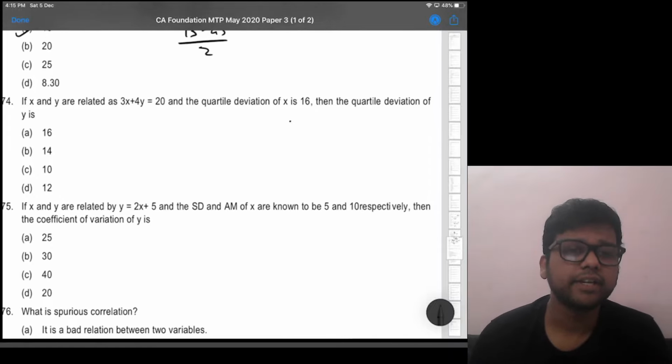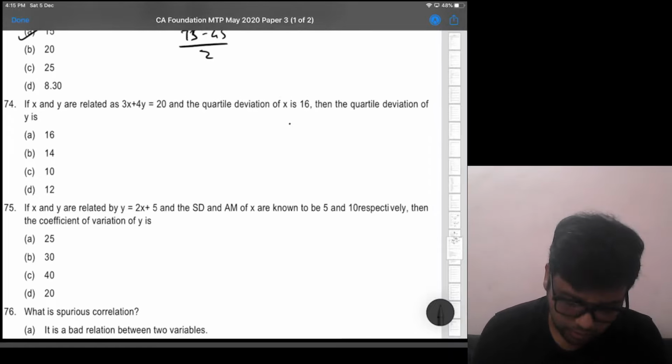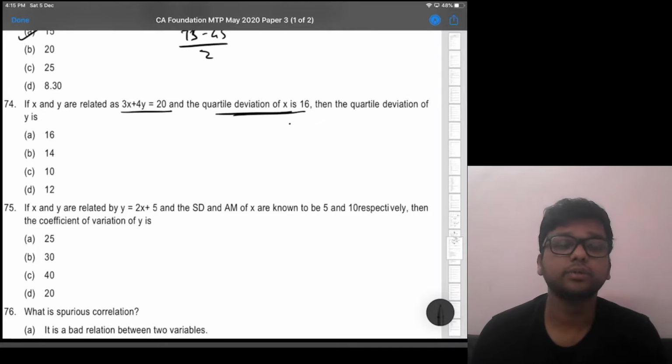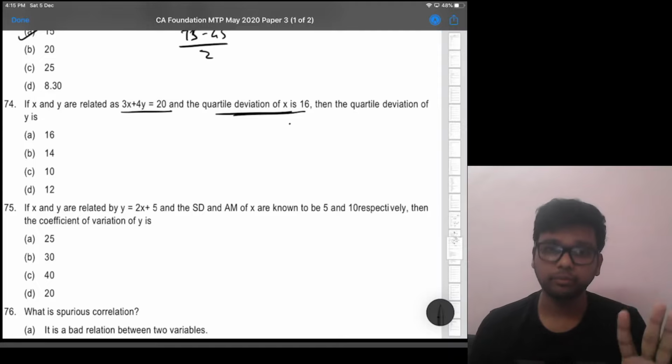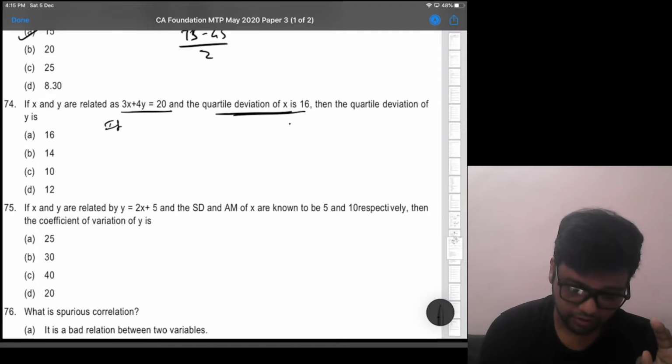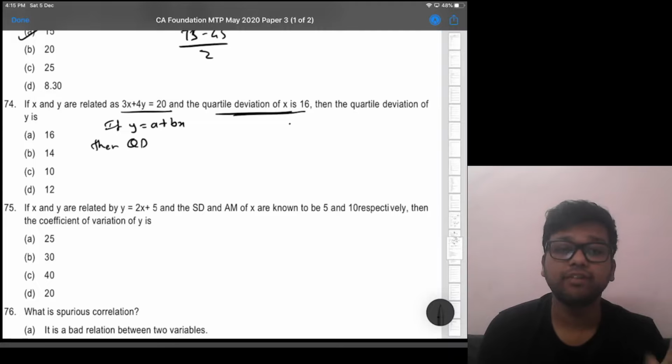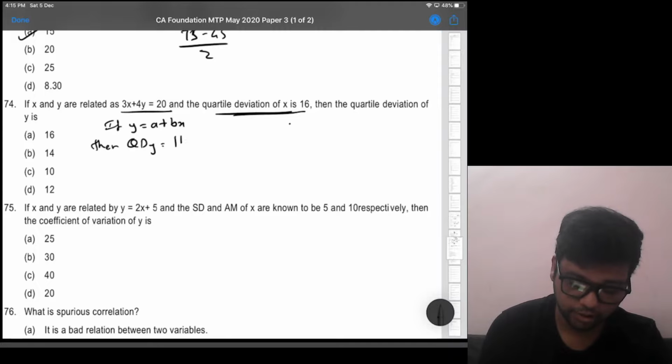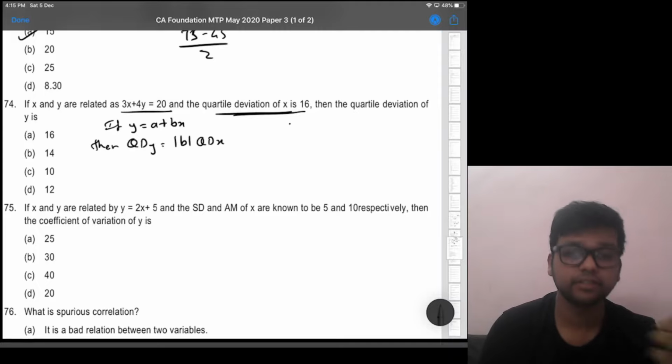Fine. If x and y are related as 3x + 4y = 20 and QD of x is 16, then what is QD of y? Again, for all the measures of dispersion, always remember, if y = a + bx, then QD of y or SD of y or range of y, whatever it is, is the absolute value of b into QD of x.